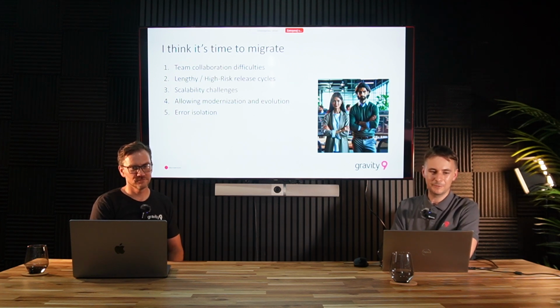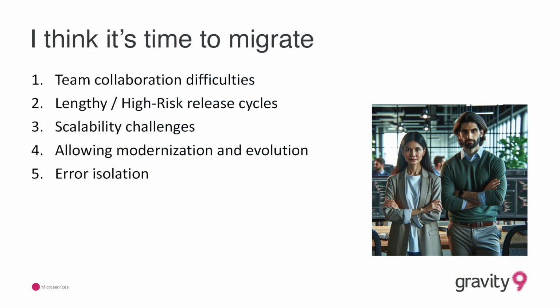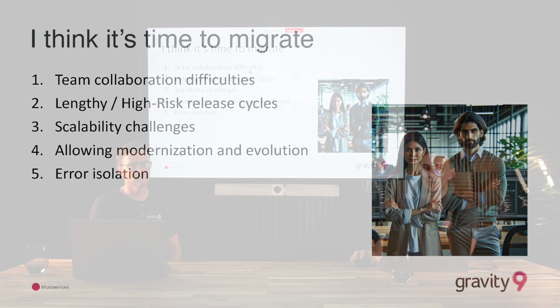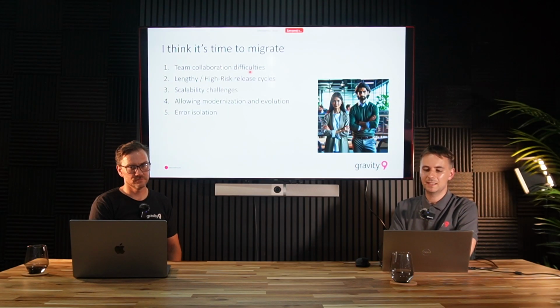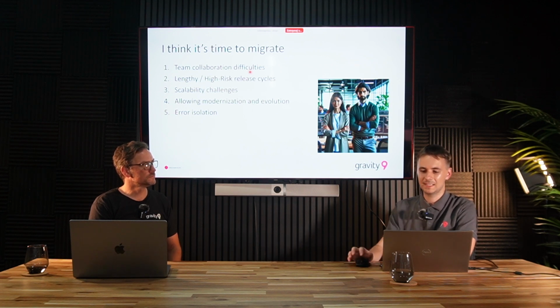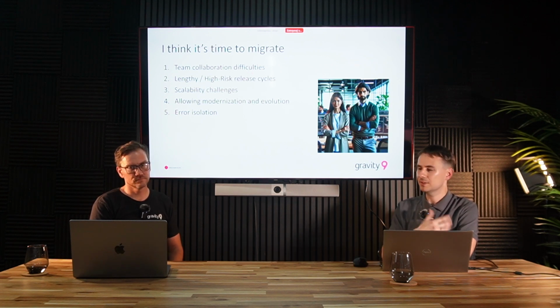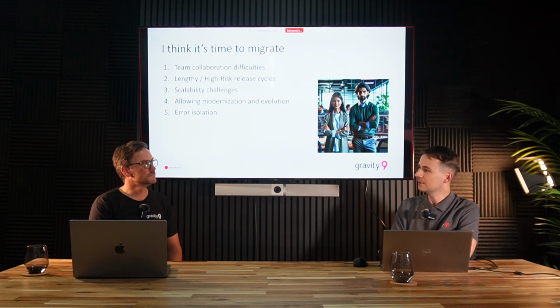So let's take a look at some key challenges that may signal the need for microservices. The first one is team collaboration difficulties. As an application grows, team members might interfere with each other's work. It's like you have 3 people on a project, and then the client tells you, okay, we give you 3 more people, and then you will deliver 2 times faster.